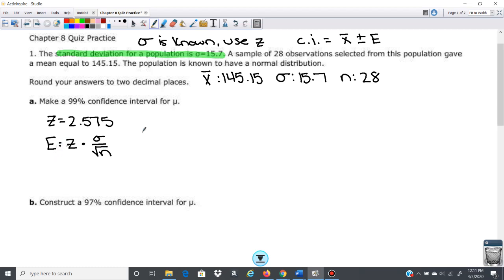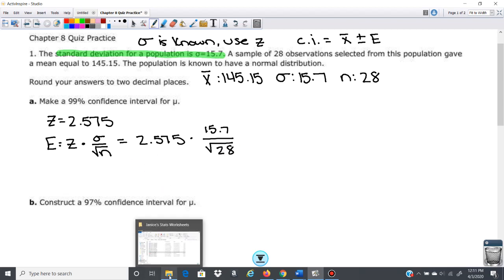So let's go ahead and plug those in. So 2.575 times our standard deviation of our population, which is 15.7, over the square root of our sample size, 28. So that's going to give us our margin of error. Let's go ahead and get our calculator up here.